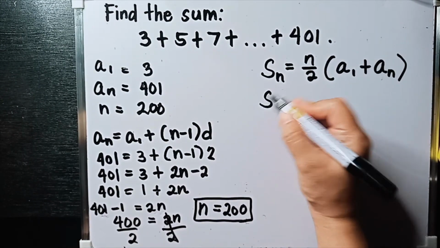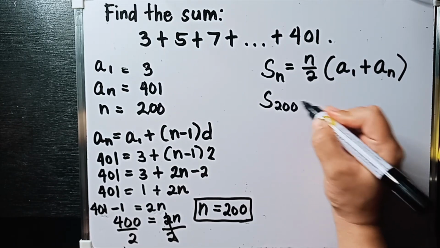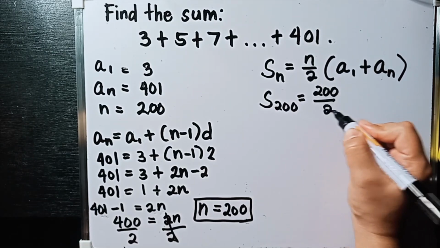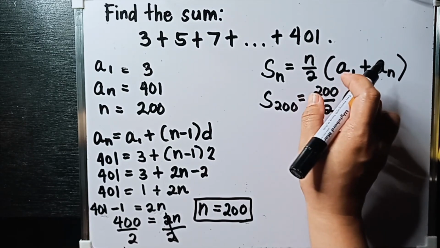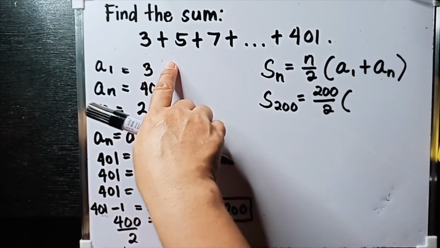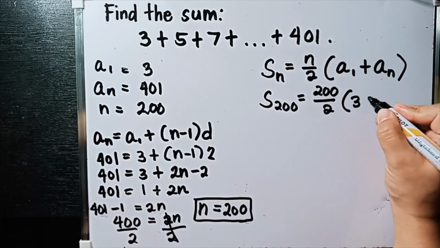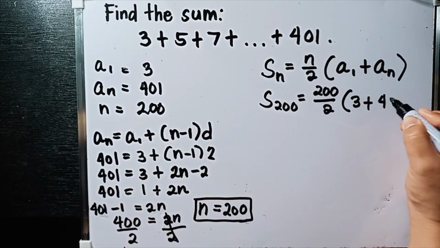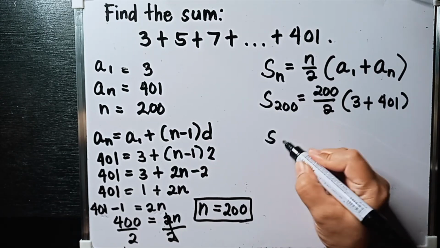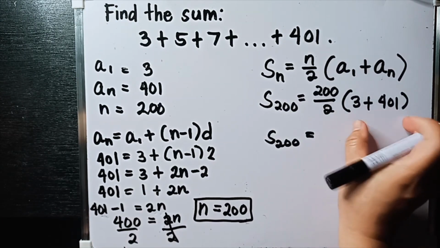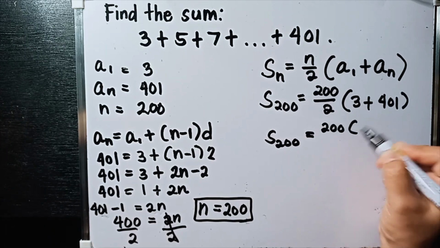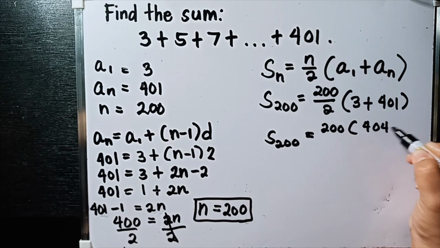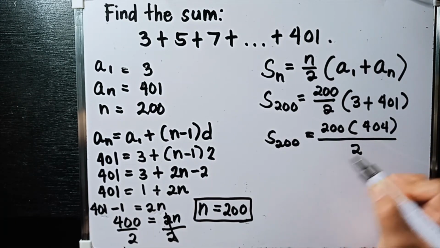So, ang S sub n natin is S sub 200. N is 200 divided by 2. Repeat lang natin yung process natin katulad ng first example. So, yung A sub 1 is 3 plus our last term which is 401. So, S sub 200. Mag-work muna tayo sa parenthesis. So, we have 200. 3 plus 401 is 404. All over 2.